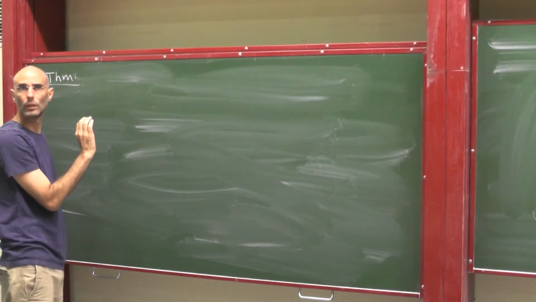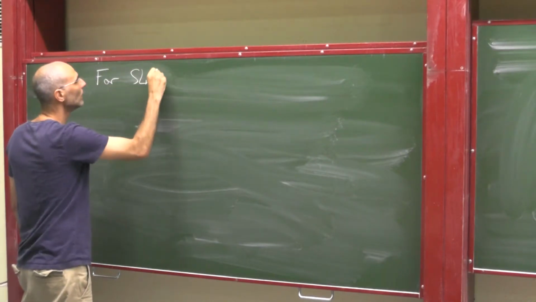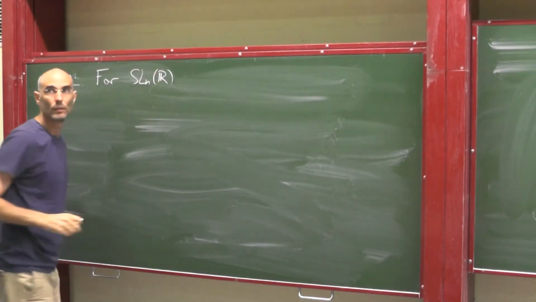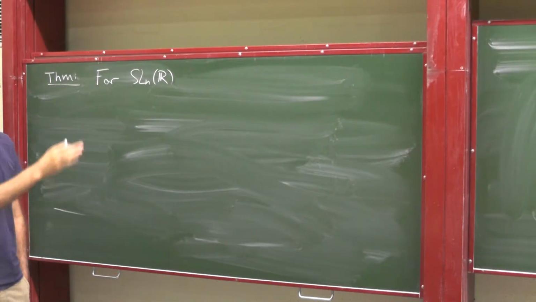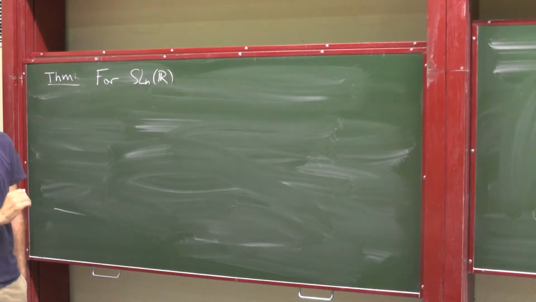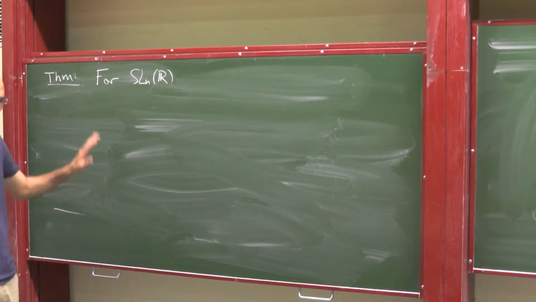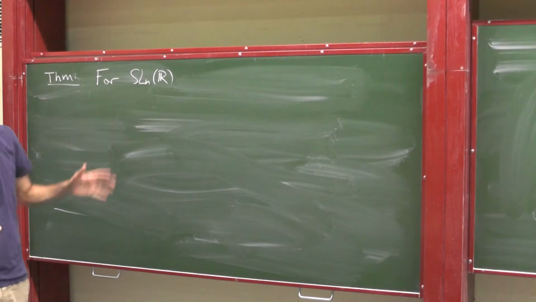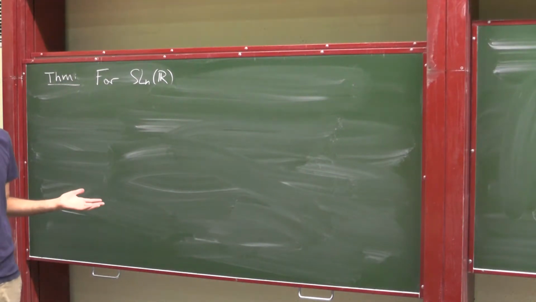Any questions so far? For SL_N(R), actually, every ergodic action is automatically metrically ergodic. So, what I just said is completely wrong. SL_2, SL_N(R) has isometric actions.